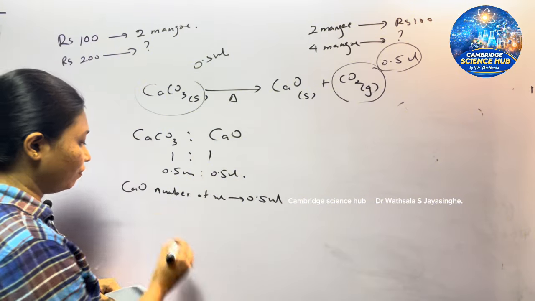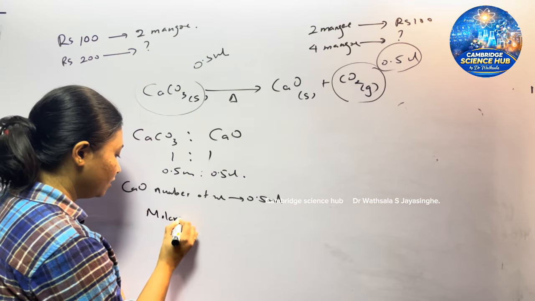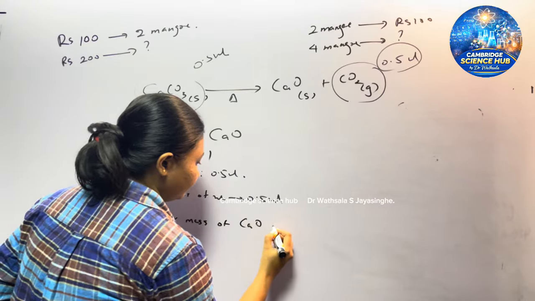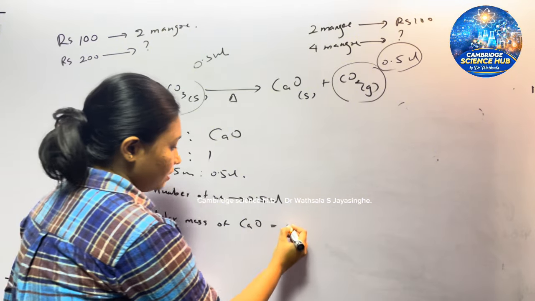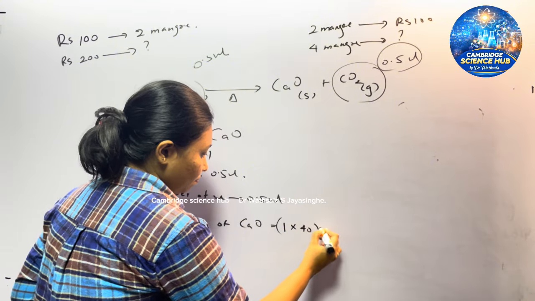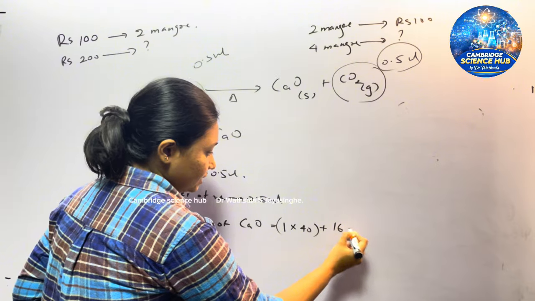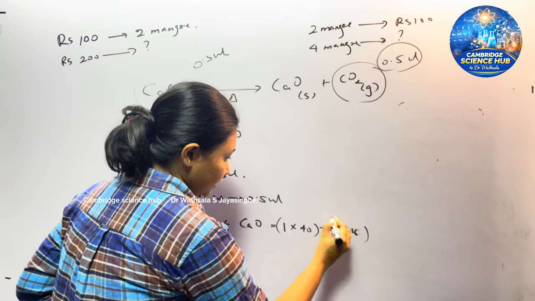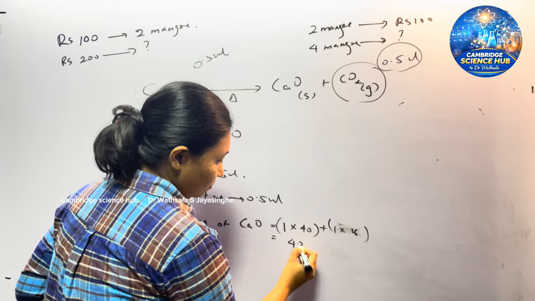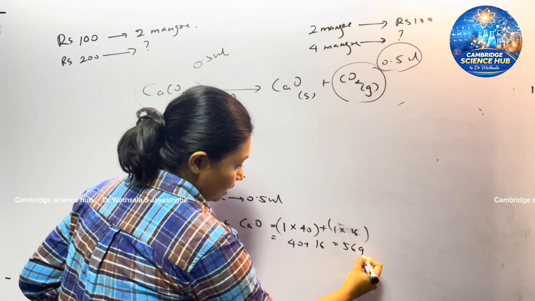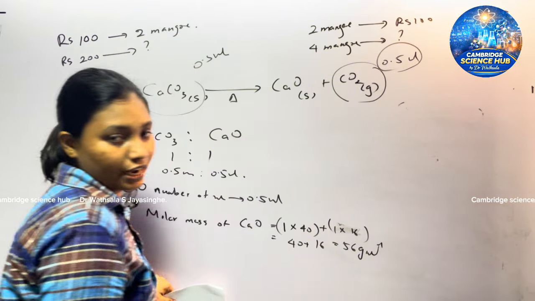So again we have to find the molar mass of calcium oxide. Calcium, 1 calcium is there, multiplied by 40, plus 1 oxygen is there, multiplied by 16. So the answer will be 40 plus 16, which is 56 grams per mole.